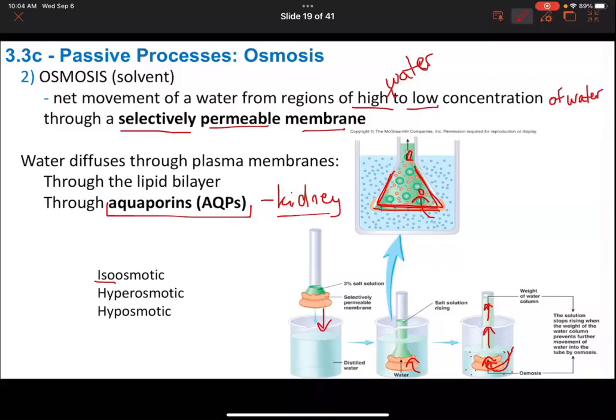Iso means same. They have the same osmolarity. So two solutions with the same osmolarity across the semi-permeable membrane are called isoosmotic.